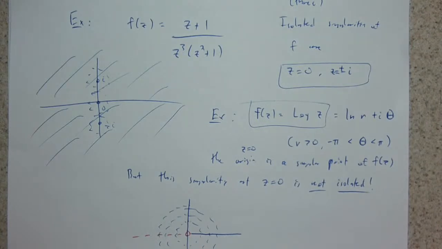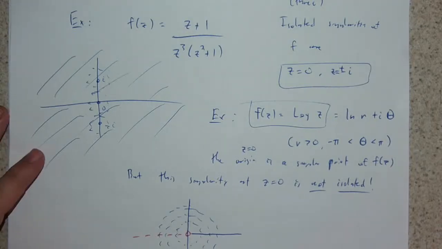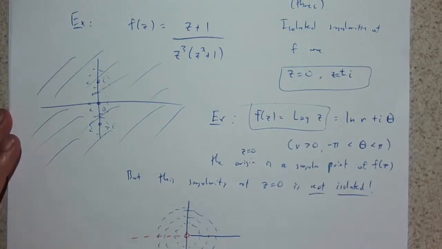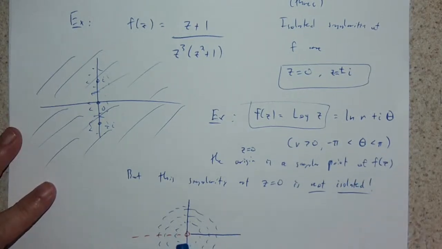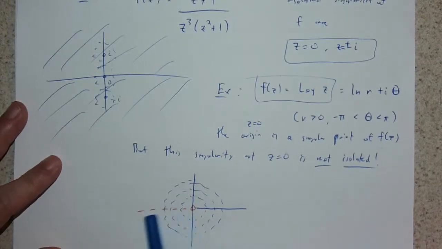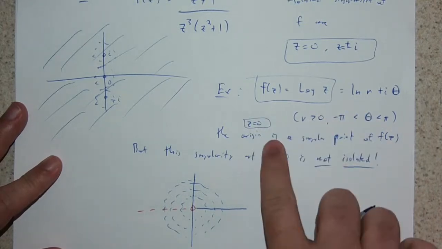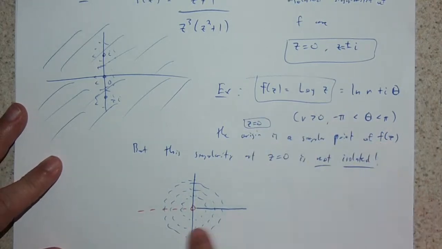An example of something that is slightly nastier is, of course, the principal branch of the log function. If I choose the principal branch, the branch cut that I've made is here, in red. Then if I look at the origin, z equals 0, it's a singular point of f, because in any neighborhood that I draw of this point at 0, there is some point at which f is analytic.